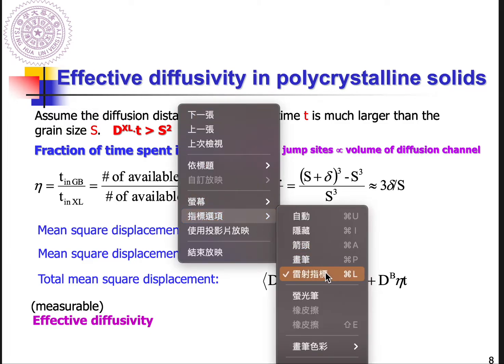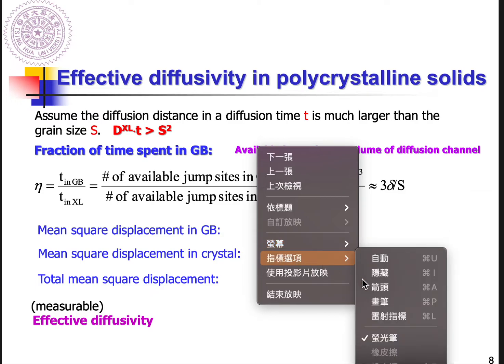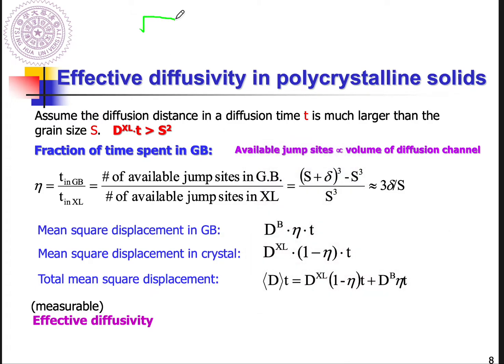This is based on the diffusion distance, the square root of 4Dt, so we use Dt, and if you take the square, you can compare.